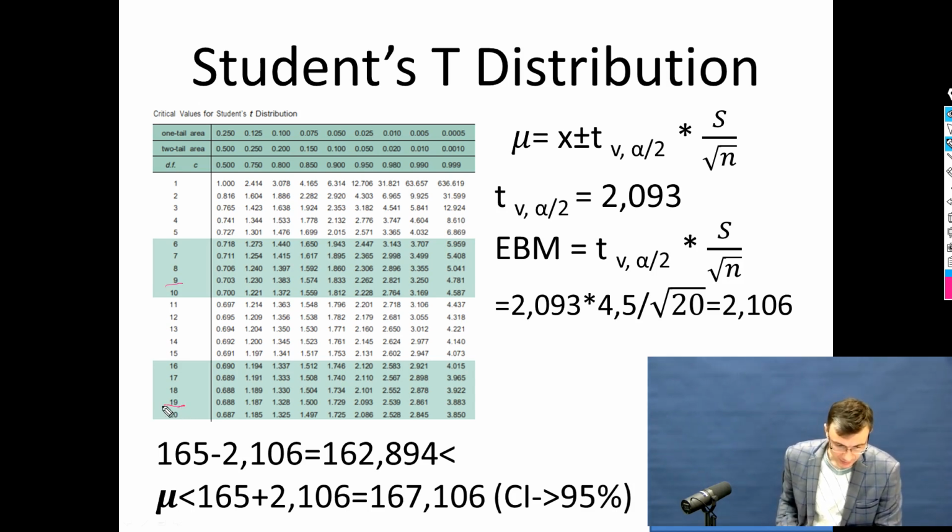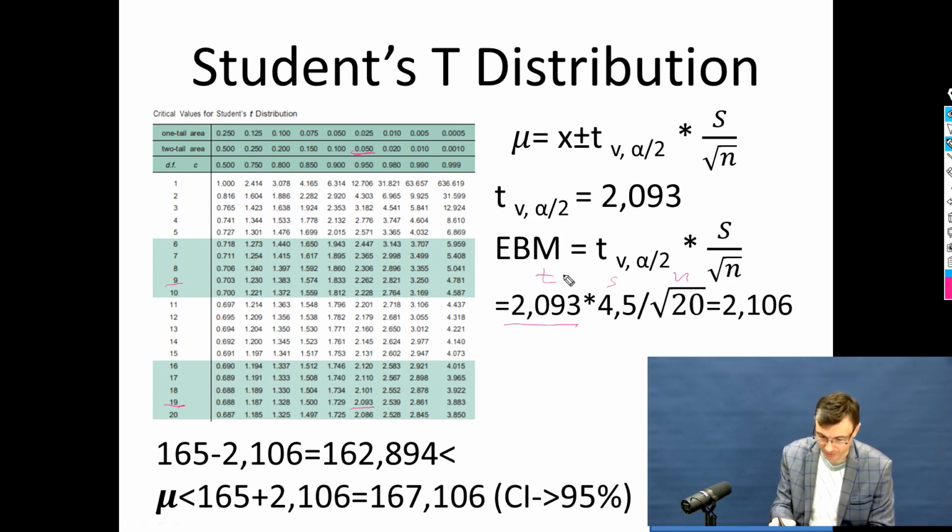Then the level of our confidence in T distribution, as you see, will be here. So it's a two-tail area. And we use this. Then we calculate this value here. We put it like that. And it will be our S. And this is N. This is the T parameter.